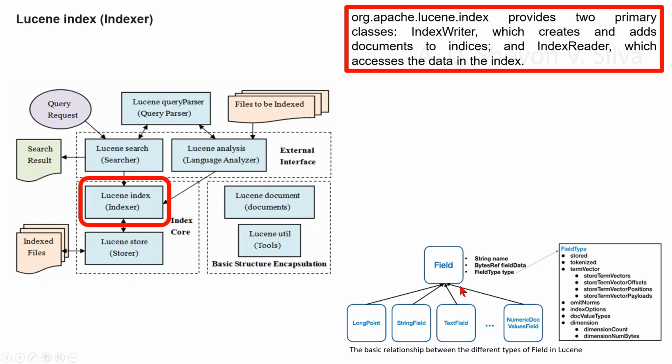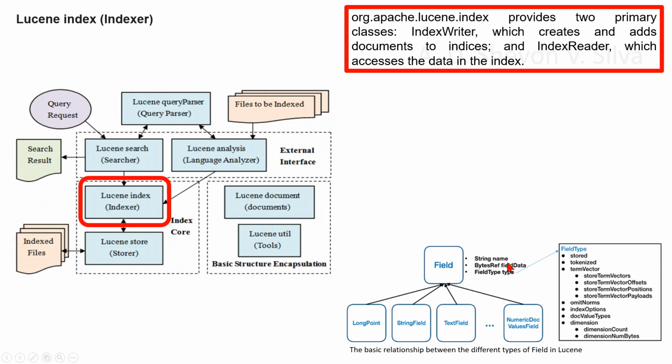The Field has three main attributes: name, string, and fieldsData, BytesRef, and type, FieldType. Attribute name is the name of the field.